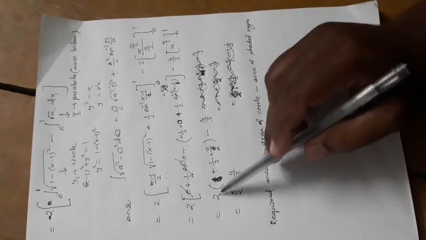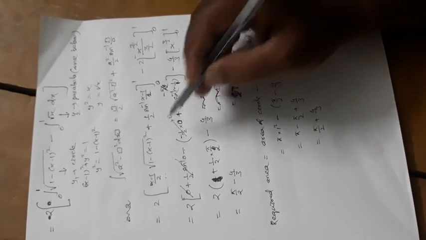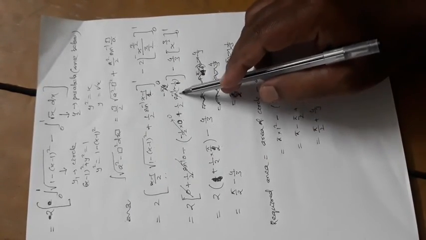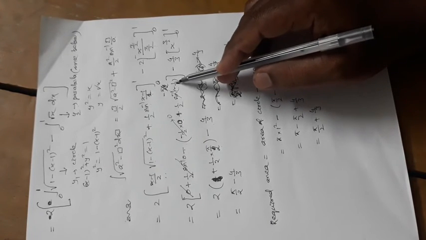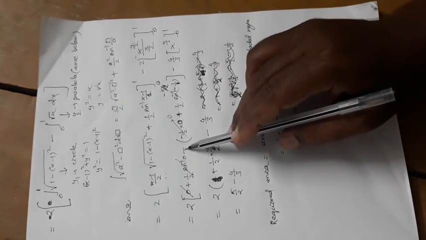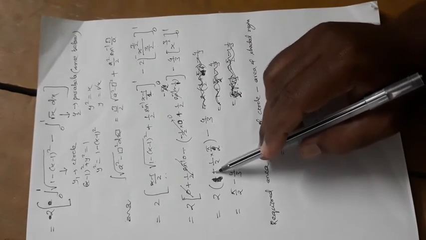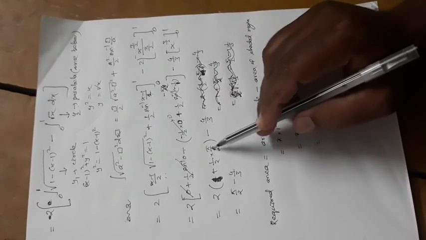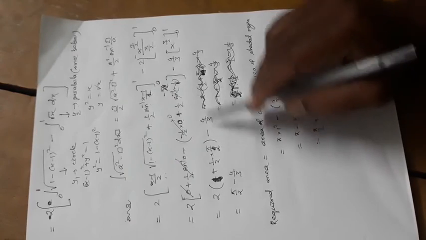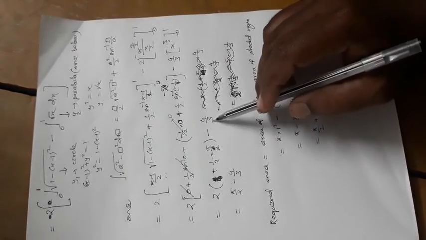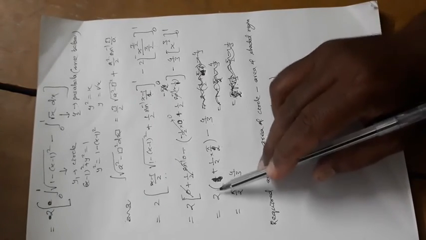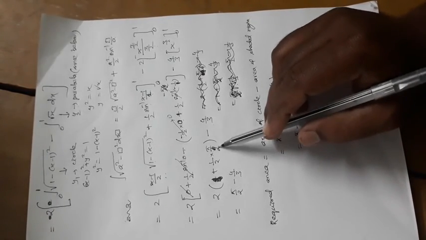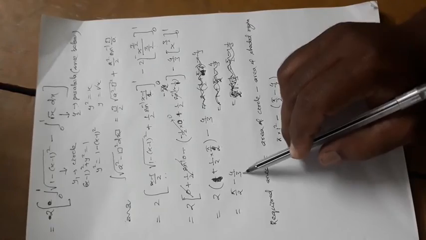This part is also 0. It becomes half sin inverse minus, which is minus pi by 2. Minus minus is plus, so it becomes plus half into pi by 2, with the 2 there, minus 4 by 3. That is pi by 2 minus 4 by 3.